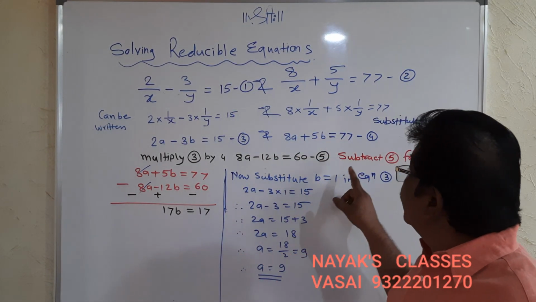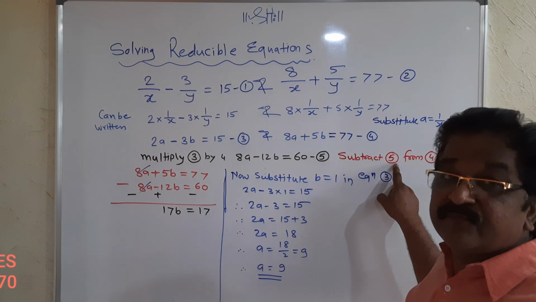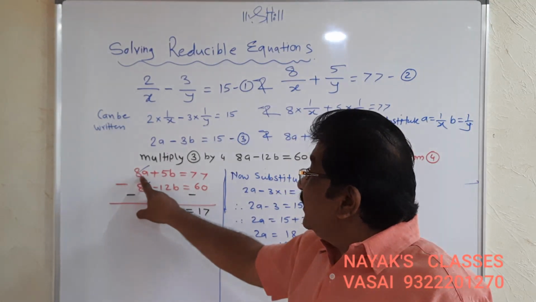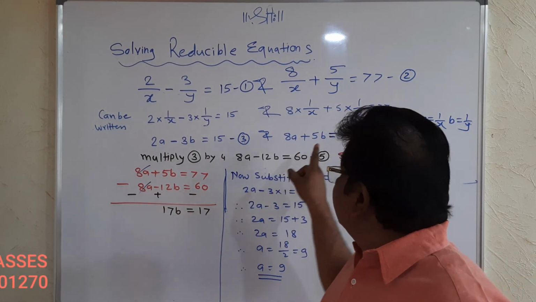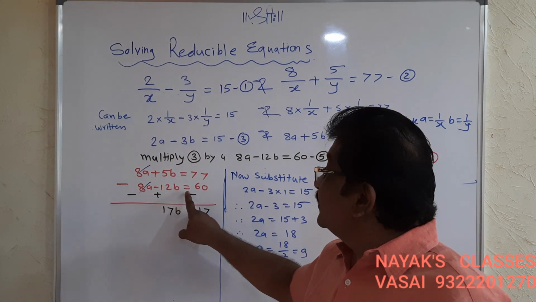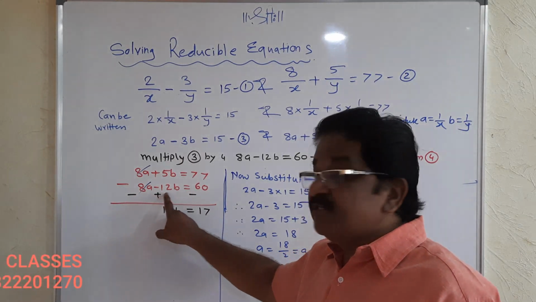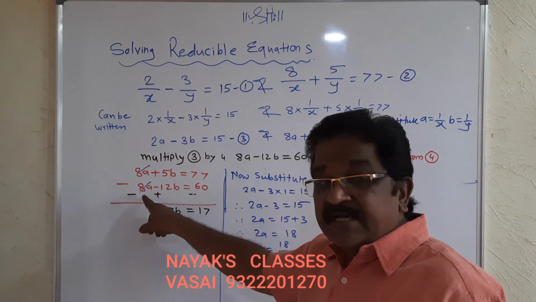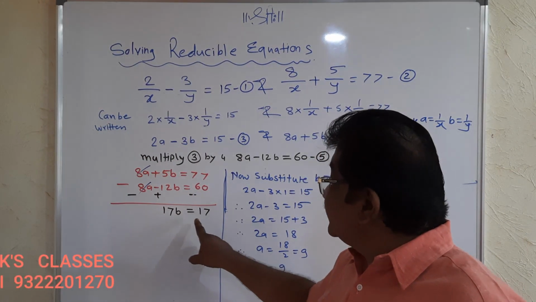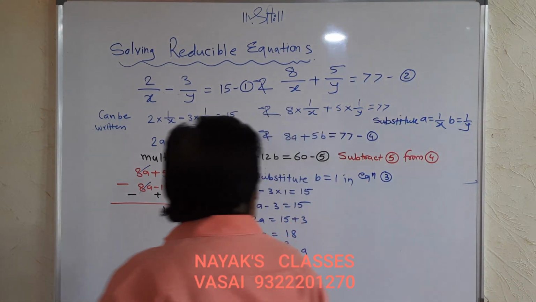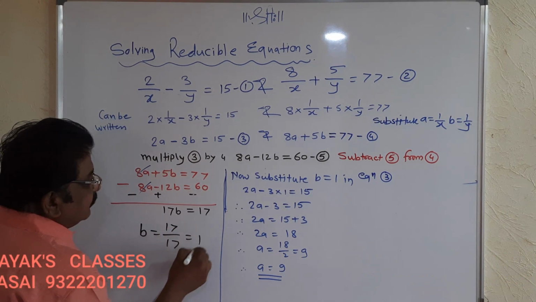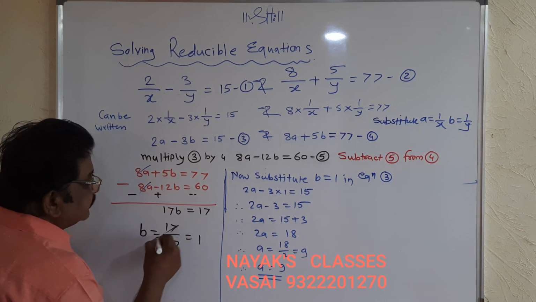What is to be done now? Subtract equation number 5 from 4. 8a plus 5b is equal to 77, minus 8a minus 12b is equal to 60. Signs will be changed. These two will get cancelled and lastly we got 17b is equal to 17. So b is equal to 17 upon 17, that is 1. So b is equal to 1.